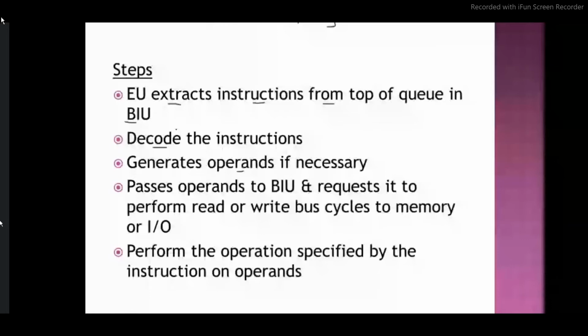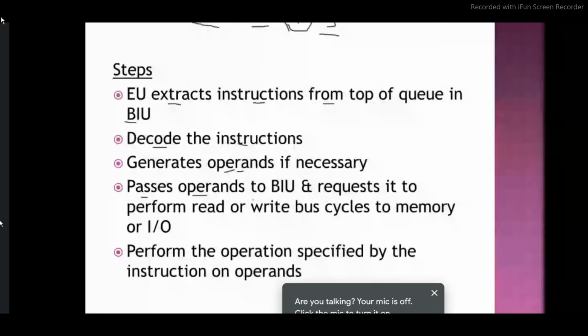Obviously we will give the instructions to the processor, and from that instructions, the execution unit needs to generate the operands if necessary. After this, it passes operands to BIU and requests it to perform write bus or input output.